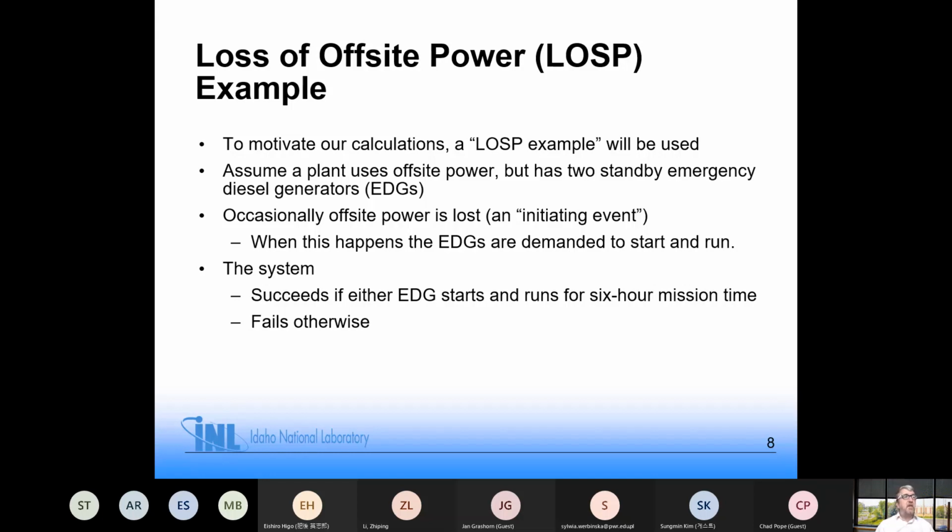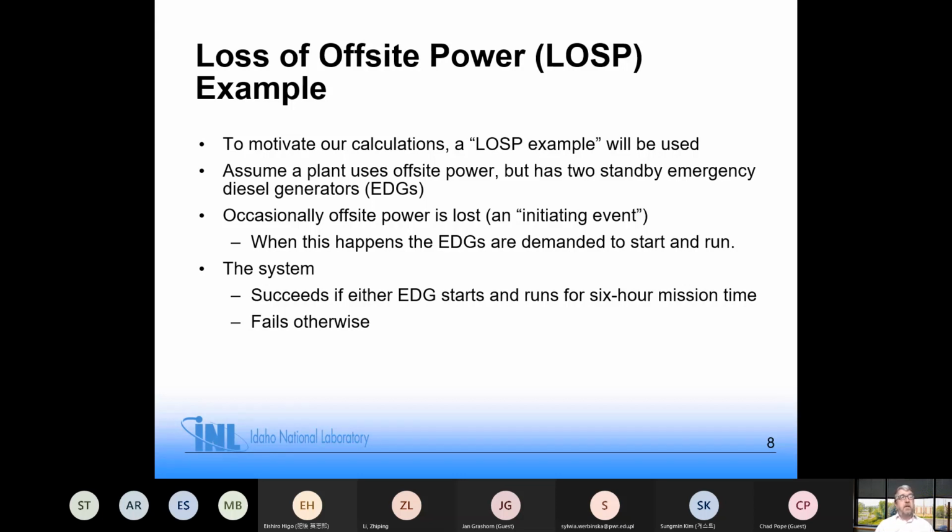Again, this is a hypothetical facility, but let's assume success is if I start one of the two diesel generators and it runs for 6 hours to cool the plant down, whatever it needs to do, remove decay heat and so on. If one of the diesels runs for 6 hours after I lose offsite power, I'm okay.